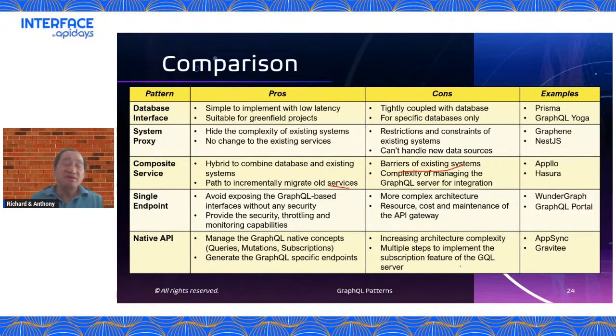It's not straightforward. Hey, go to API gateway, let's implement. So on the right side, there's some examples listed over here, which shows you, hey, for this specific pattern, you can leverage some open source products or some vendor commercial off-the-shelf services to implement these patterns.